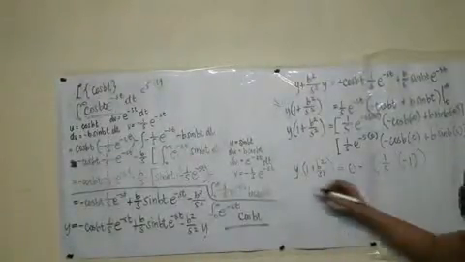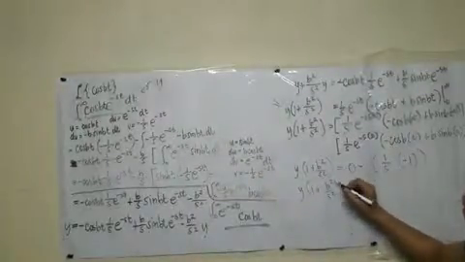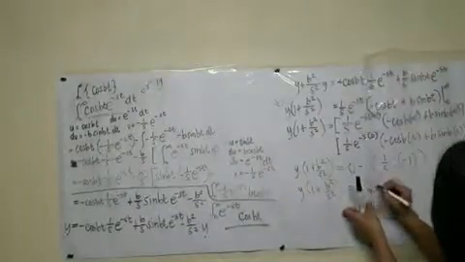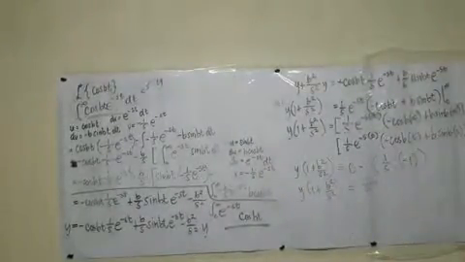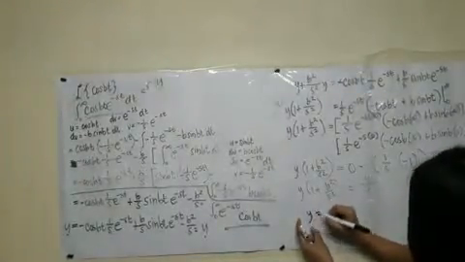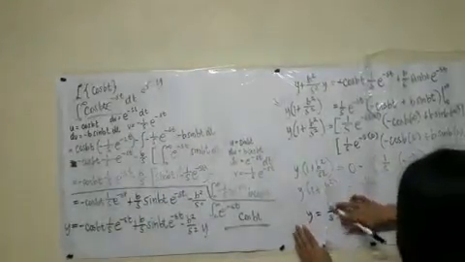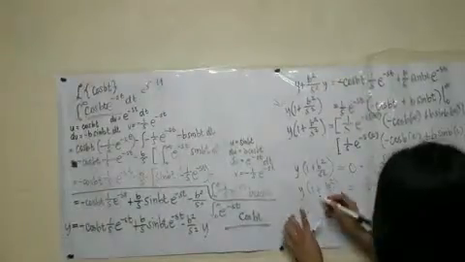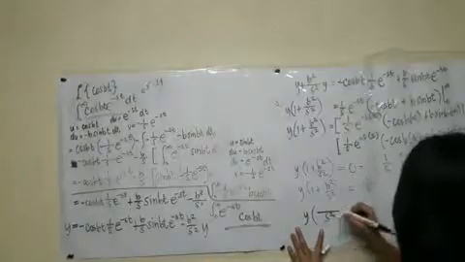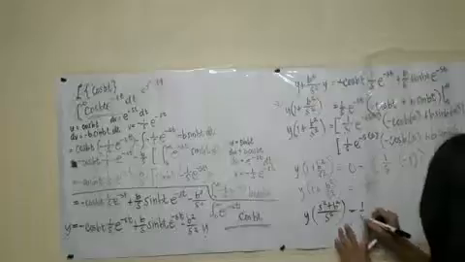So y times 1 plus b squared over s squared is equal to negative times negative, which is positive, 1 over s. Simplifying it to get y: y times s squared plus b squared over s squared equals 1 over s.